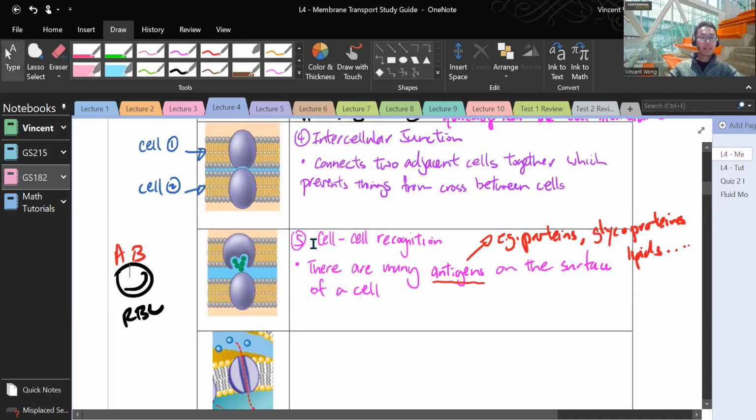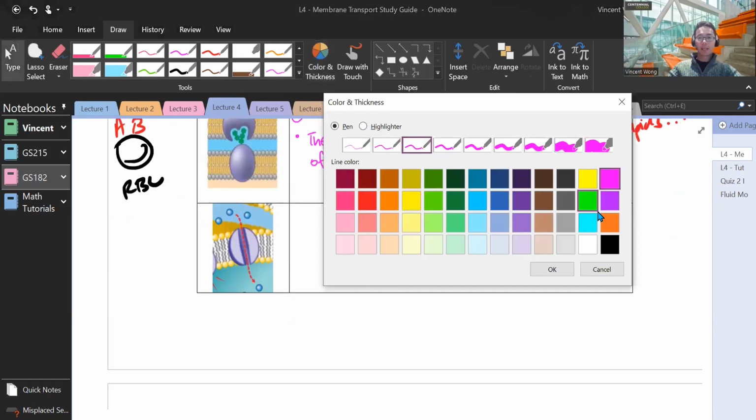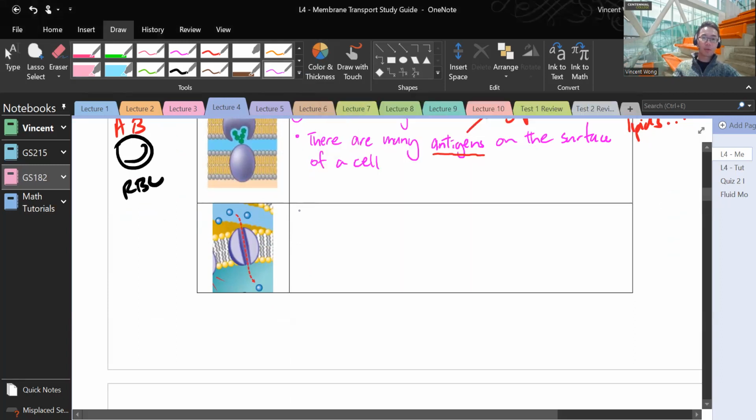All right. And finally, last but not least, we have this final function, which is transport. Okay, so membrane proteins will help in movement of substance across the cell membrane.